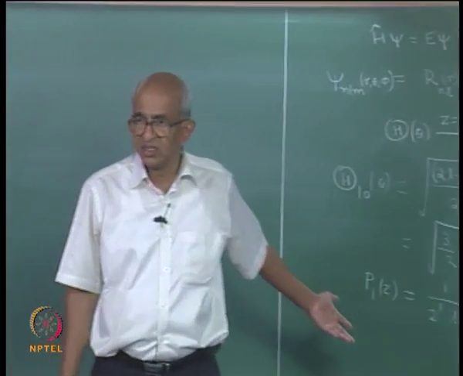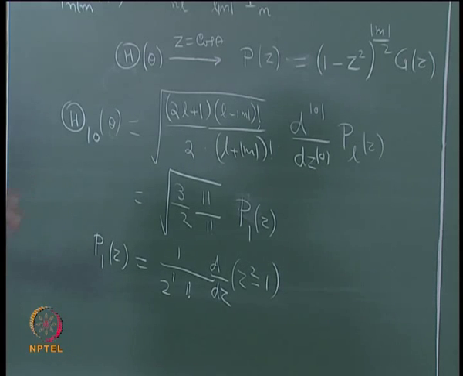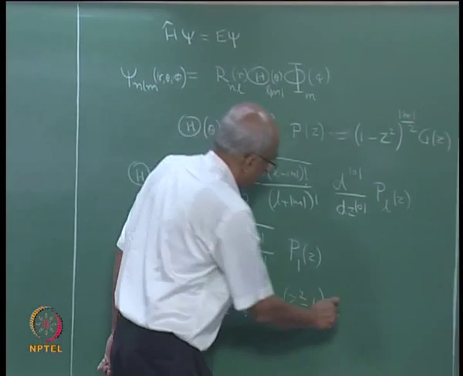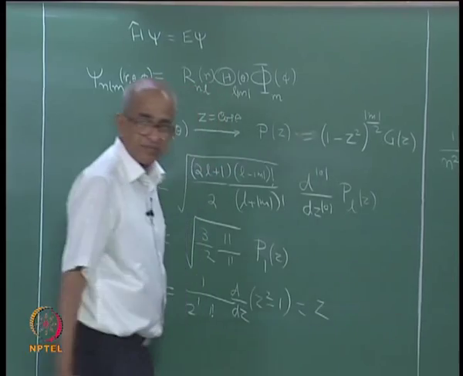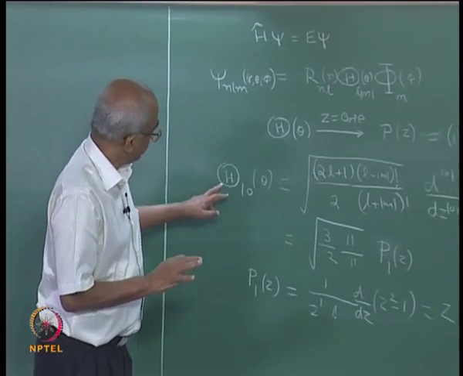This is your function. You can carry out the differentiation. Z square minus 1, if you differentiate, you are going to get 2z, and that 2z and this 2 are going to cancel. So, you will simply get the answer z.